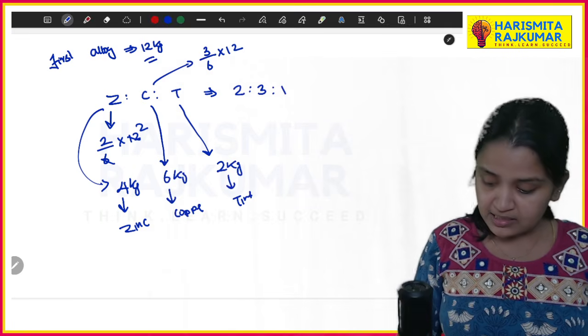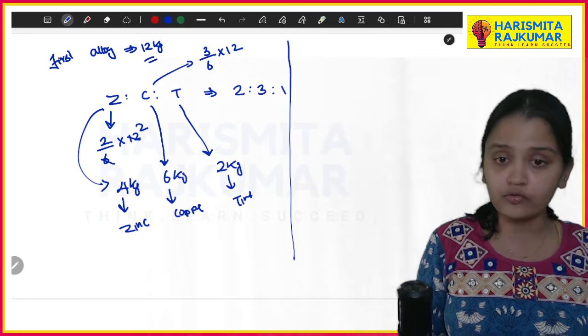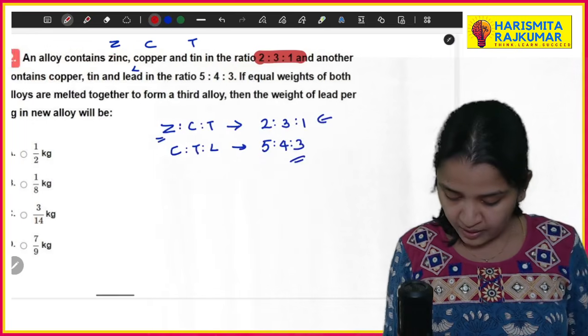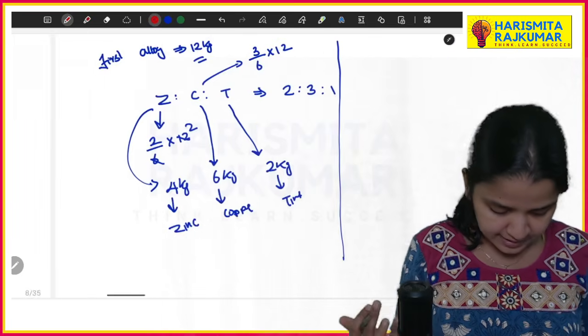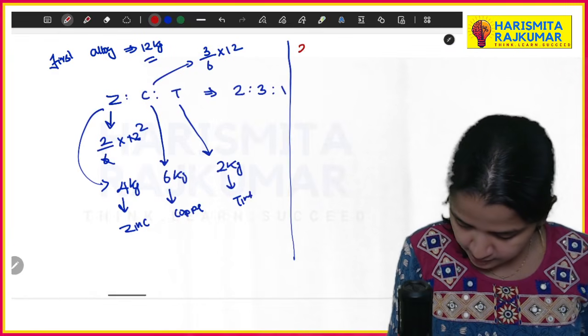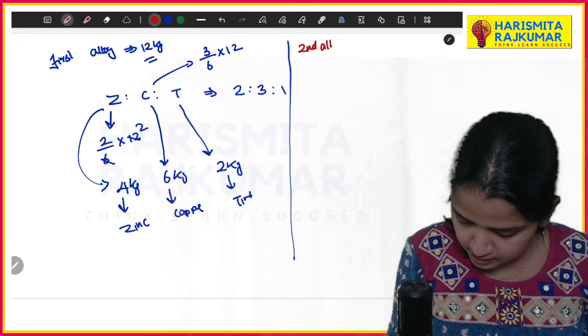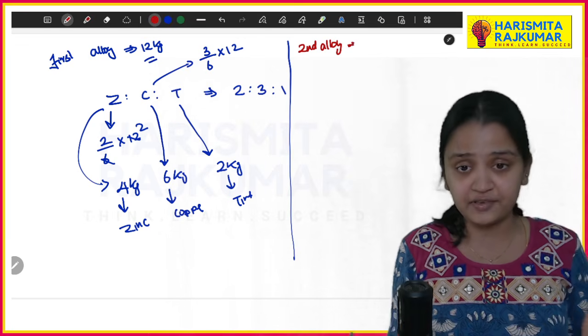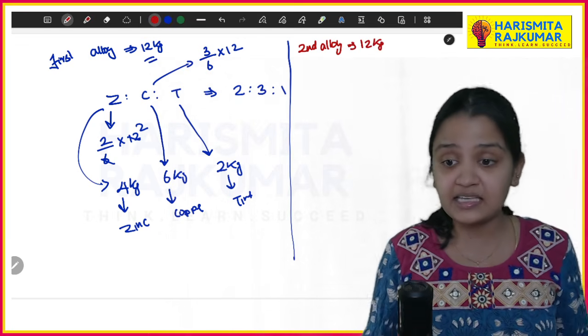Are you clear? Similarly, for the next alloy, I keep the second weight as 12 kg because it has the highest ratio.